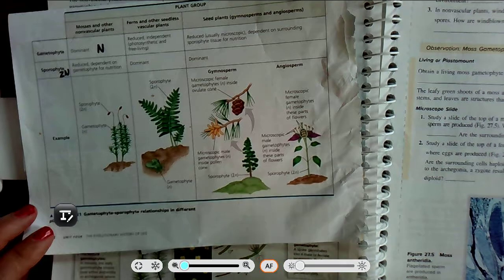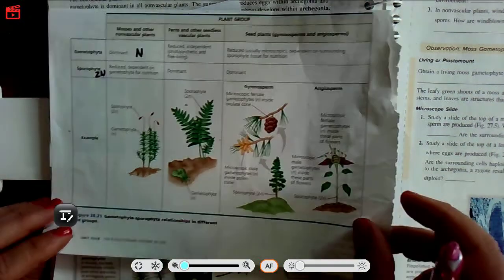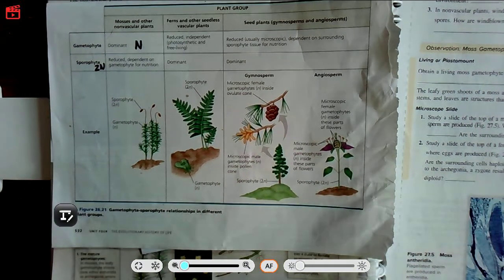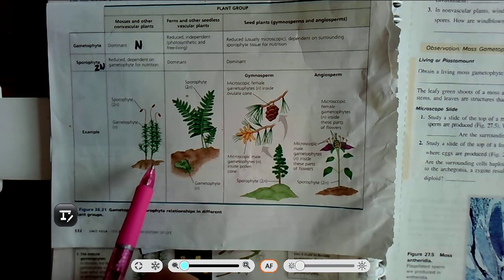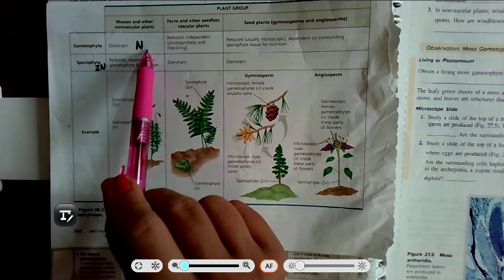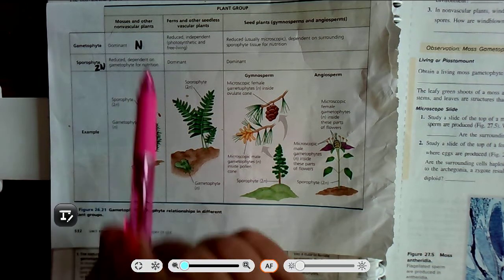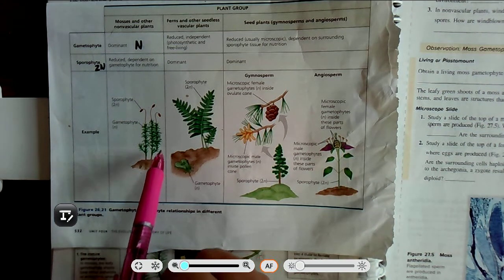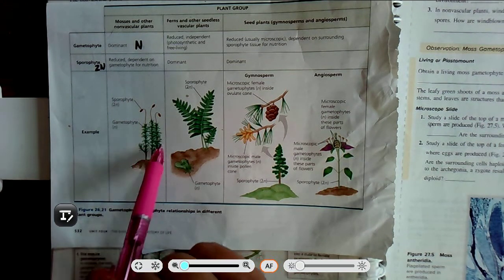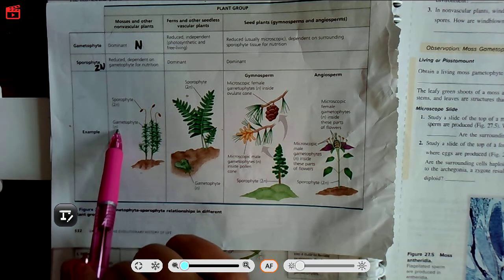One goal of your lab is to recognize which is the dominant form, the sporophyte or the gametophyte. With moss, the gametophyte generation, the haploid generation, is actually the dominant form, meaning that is what you would see. So when you walk through the forest, if you see a lot of moss, you're looking at a haploid structure.